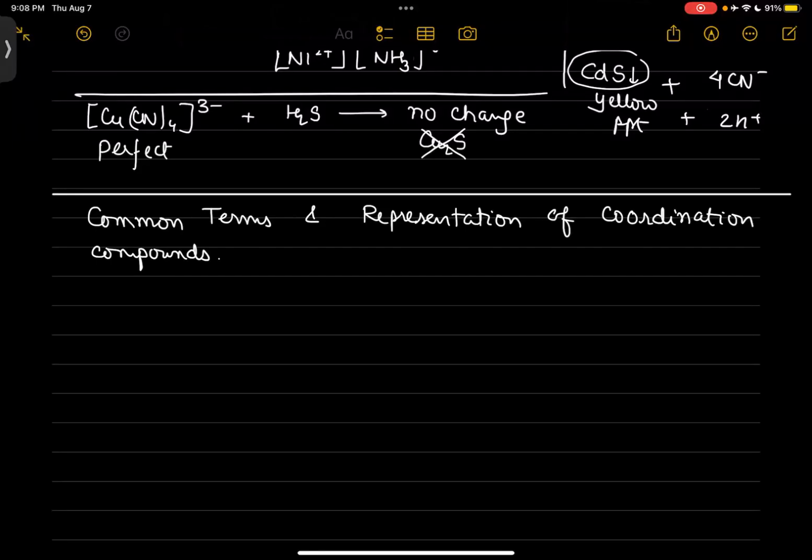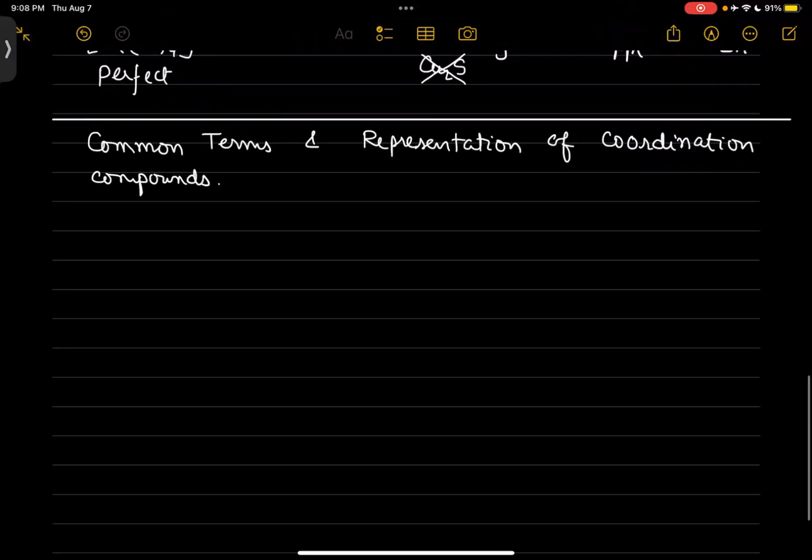Now, how do you represent them, and what does that square bracket mean? For example, I will write one coordination compound and tell you what these different representations mean.